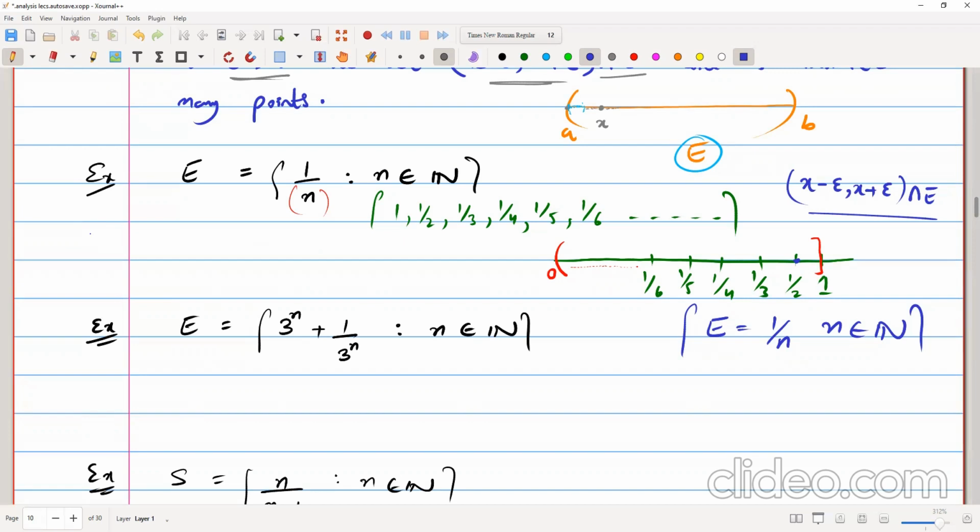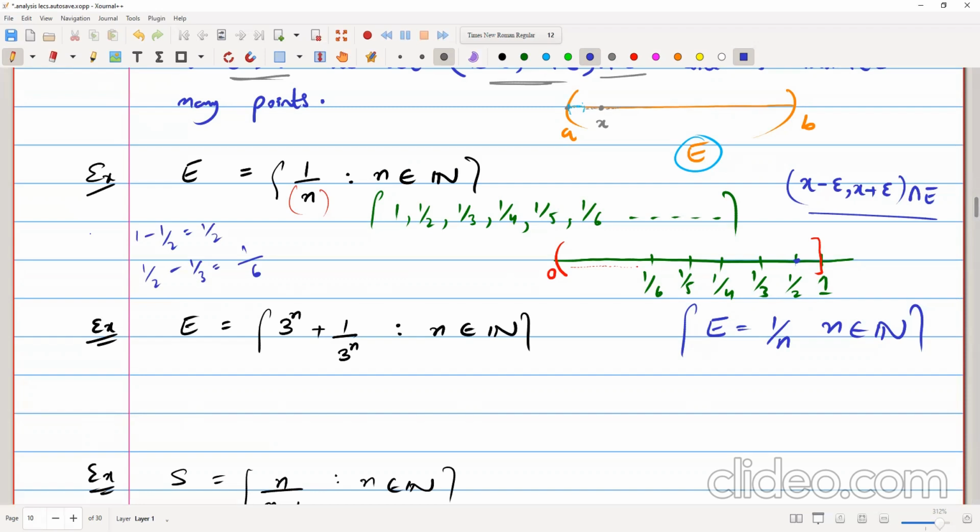So there are a lot of points missing between them. But as we move in the left direction and we move on, we can see that the distances are decreasing. For instance, initially this distance from 1 to half was 1 over 2. From half to 1 over 3, it was like 1 over 6.